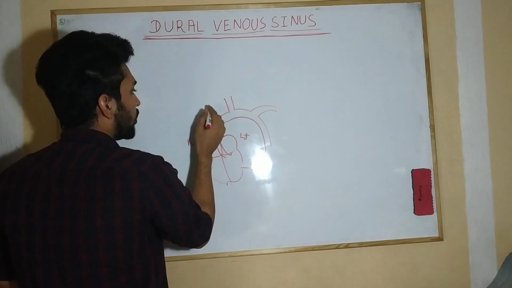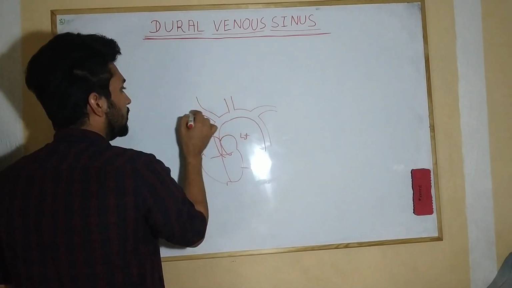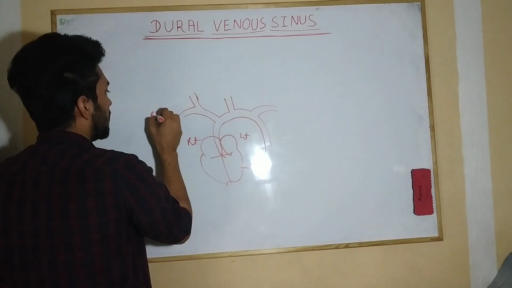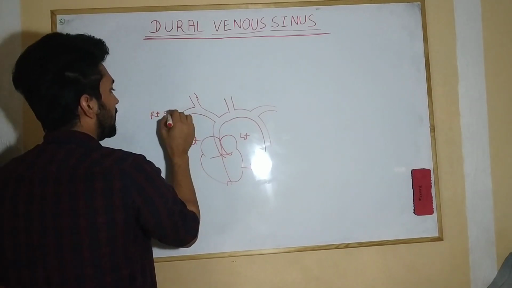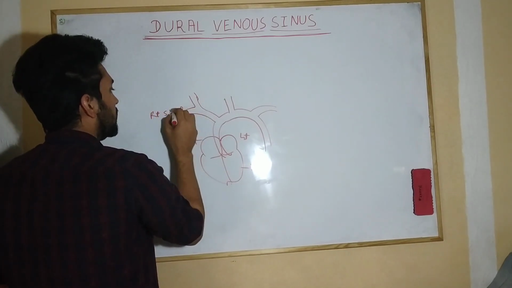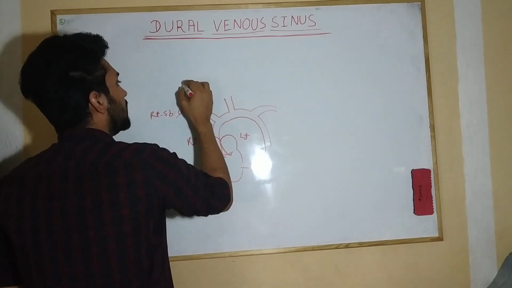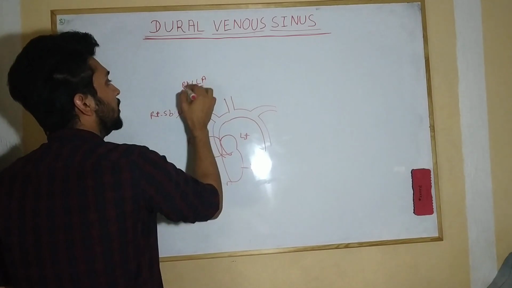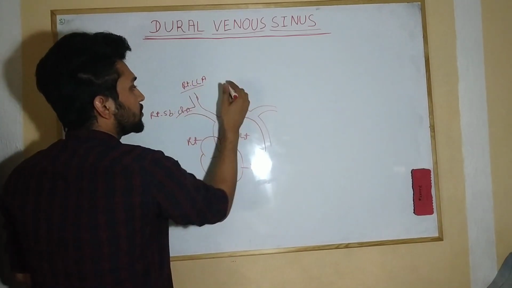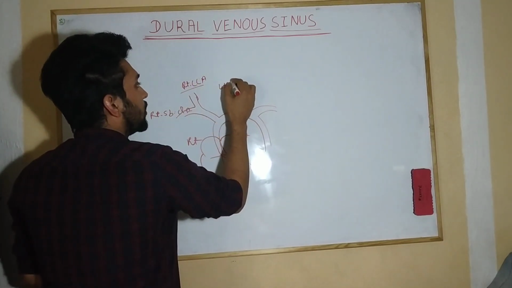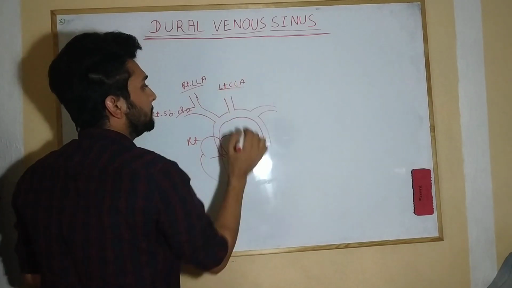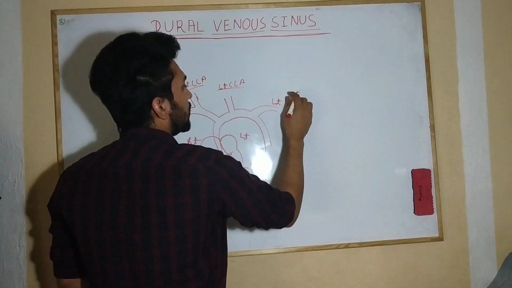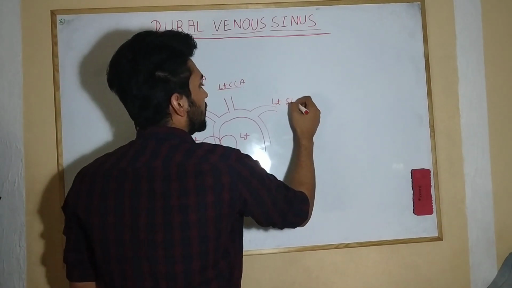From the brachiocephalic trunk, we have two arteries. This is the right subclavian artery, and this is the right common carotid artery. And this is the left common carotid artery, and this one is the left subclavian artery.